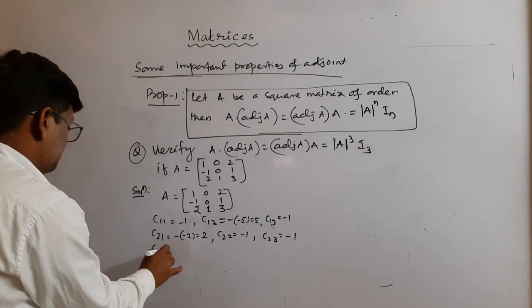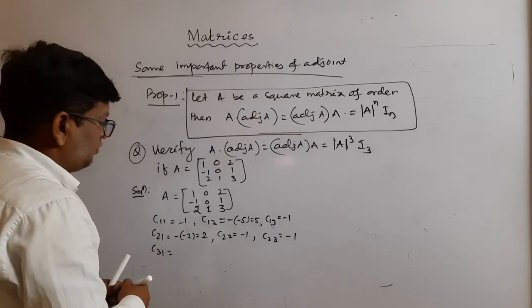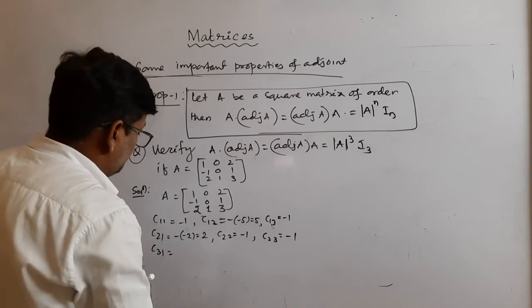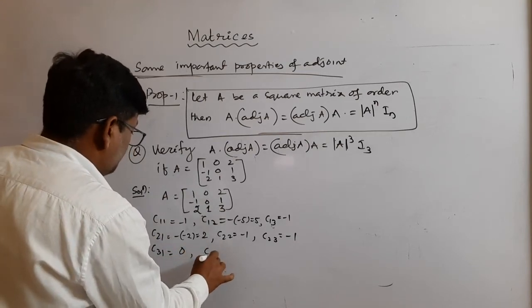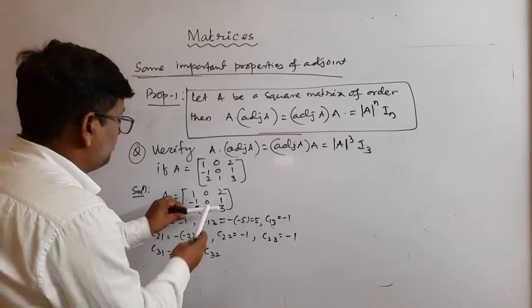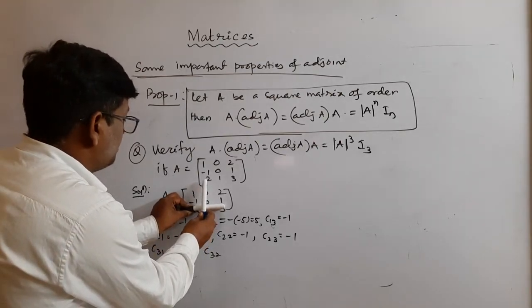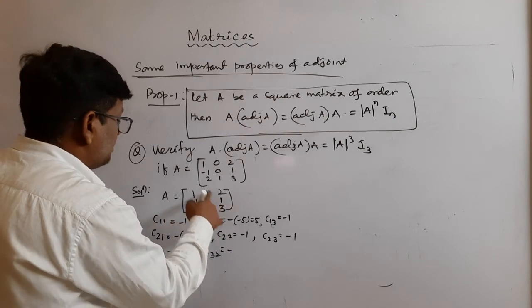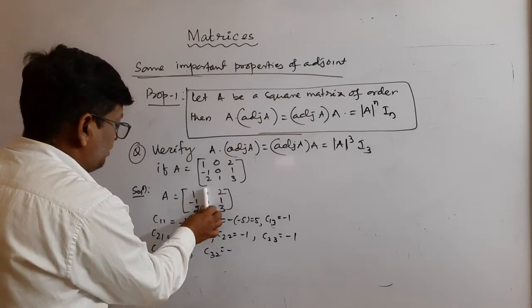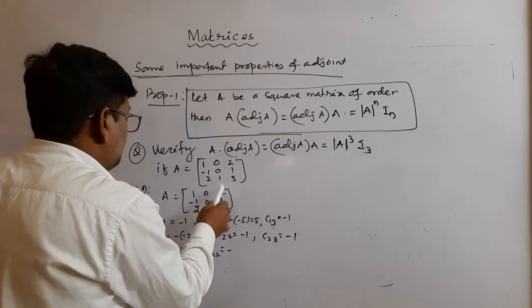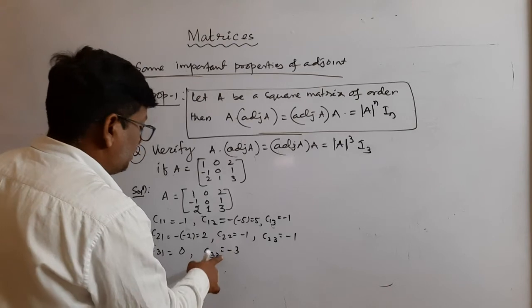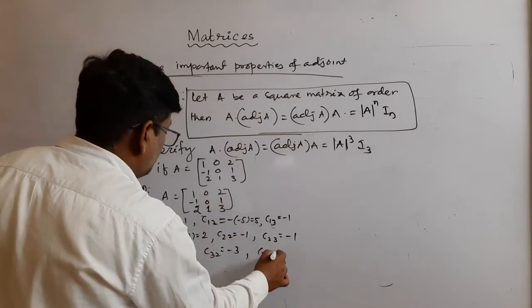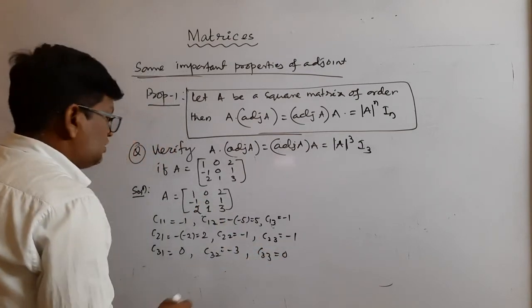Now C31: even, so plus sign. Third row first column, 0 minus 0, 0. And C32, third row second column: odd, so minus. 1 into 1 minus 1 into minus 1, so plus 2, 1 plus 2 that is 3, with minus sign. Then C33: 0 minus 0, 0.